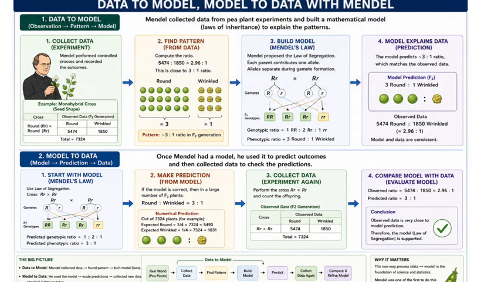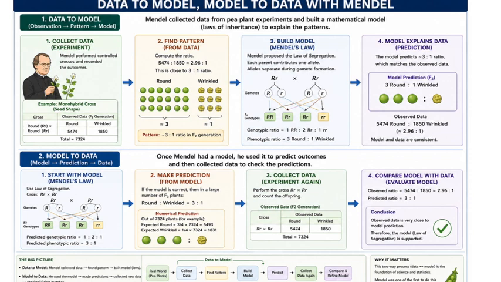So when Mendel observed a phenomenon in nature, where hybridization between a tall plant and a dwarf plant gave completely tall plants, he performed experiments, and he found a similar pattern in his experiments also.